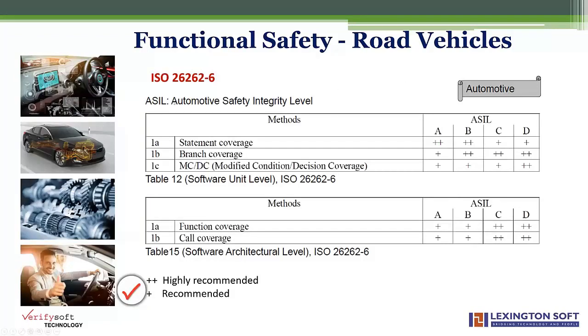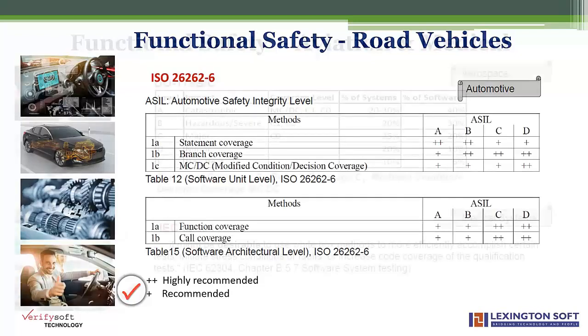And again, this has its own automotive safety integrity levels, and there are 4 levels here, level A being the lowest and level D being the highest. Again, as you can see here, level A requires only the statement coverage, but as you get to the highest levels, it mandates different coverage levels, and MCDC is one of them.